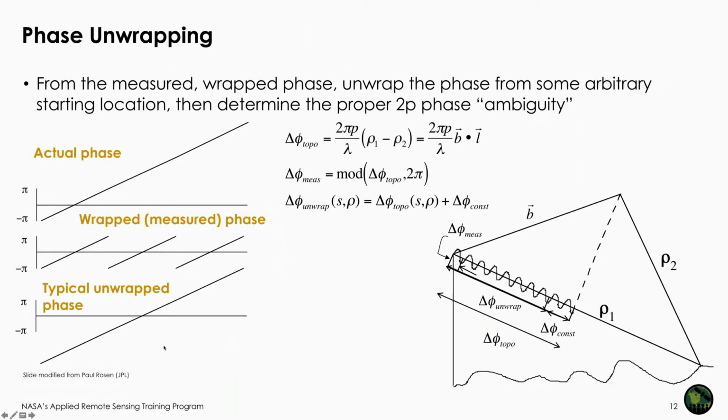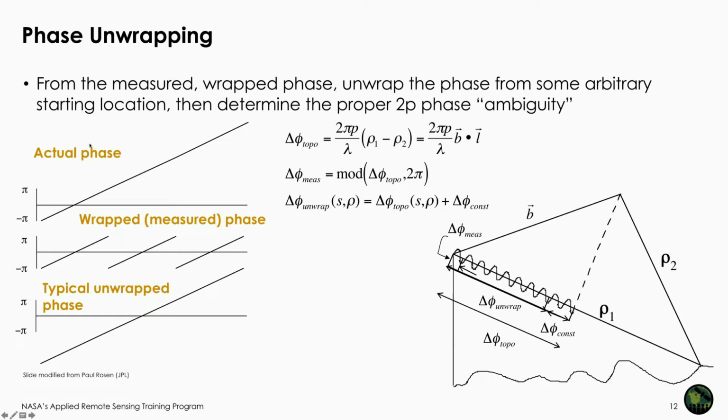So the next key thing that we need to consider is something called phase unwrapping. When we measure the phase of a signal, we measure it modulo 2 pi. You can only measure the phase relative as it goes. It wraps around when we're measuring it. It's like a circle.